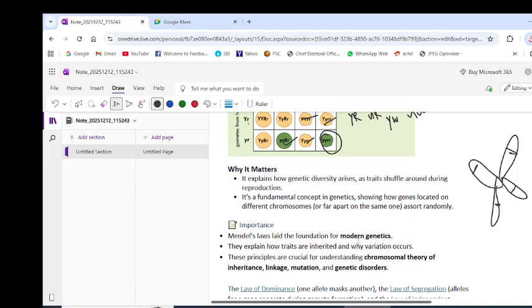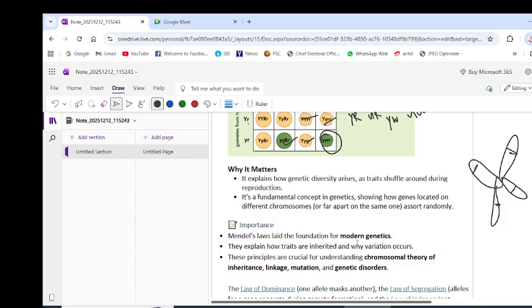And what is the importance of these laws in genetics? Okay, Mendel laid some basics, some foundation to modern genetics. Based on these laws, we can at least understand the pattern of inheritance, the pattern of variation. Okay, and these principles are crucial for understanding the chromosomal theory of inheritance, linkage, mutation, and genetic disorders.